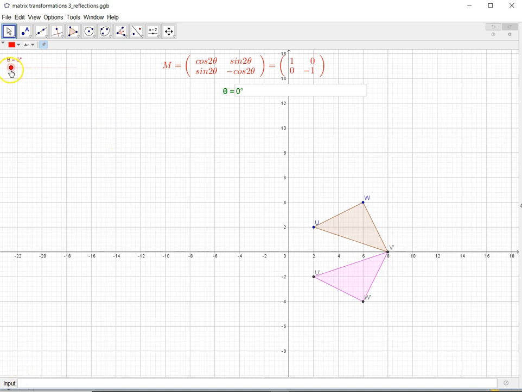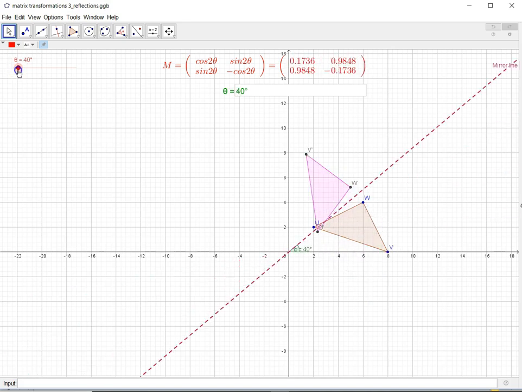If we move theta on a little bit, let's say until we've got 40 degrees, then in this case we can see that UVW is again being reflected in a mirror line to obtain U dash, V dash, W dash, and the mirror line is in fact making an angle of 40 degrees with the x direction.